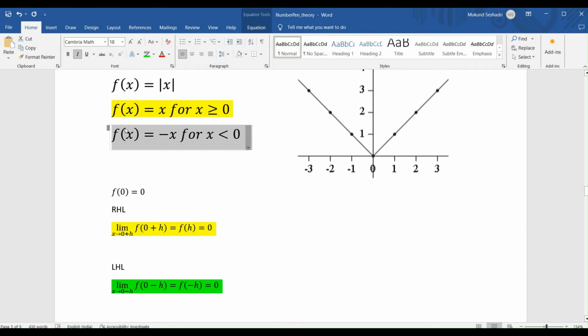Use the green color because we're going to use this function, since x is going to take a very small negative value. So we are using this function, what I've highlighted here in green. And it's my minus of minus h, which is my plus h, right?